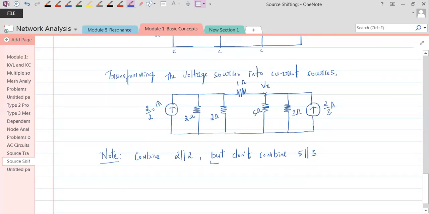Why are we not combining 5 parallel 3? Reason for this: 5 ohms has to be there till the end.